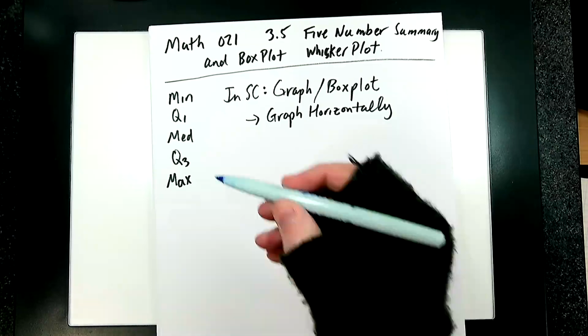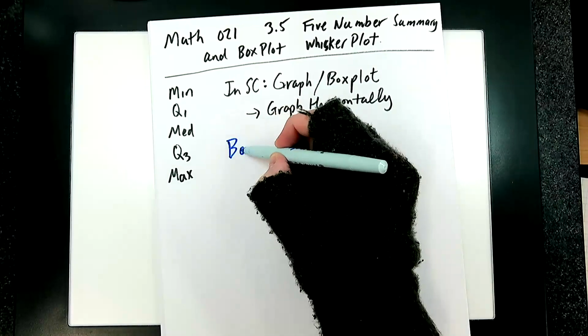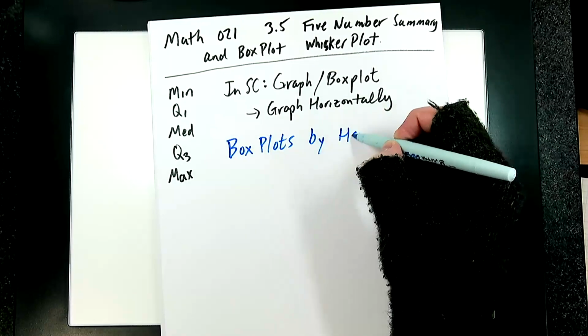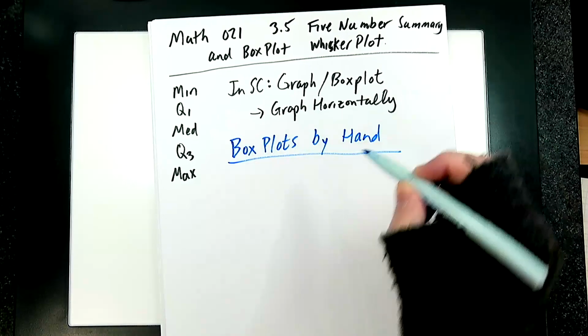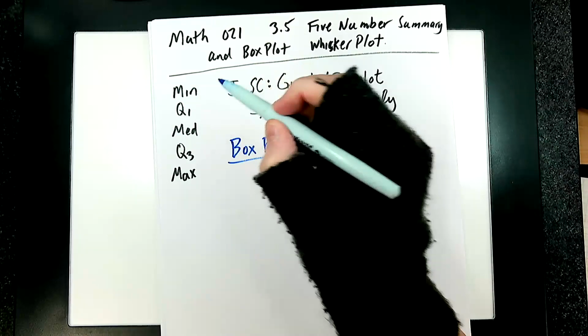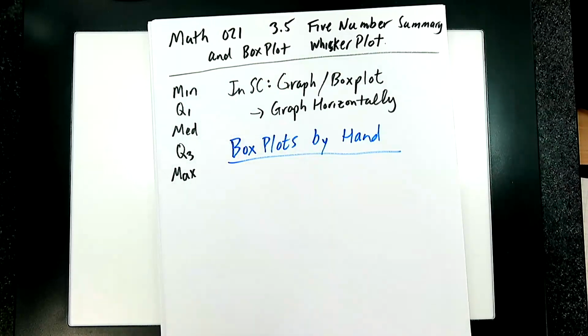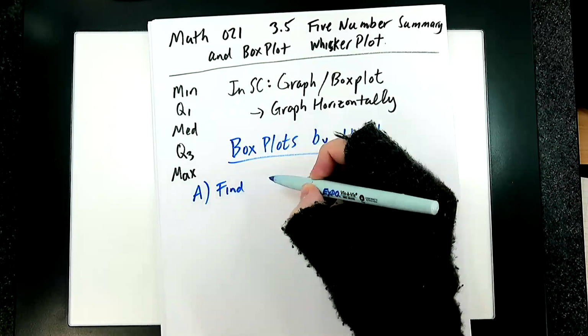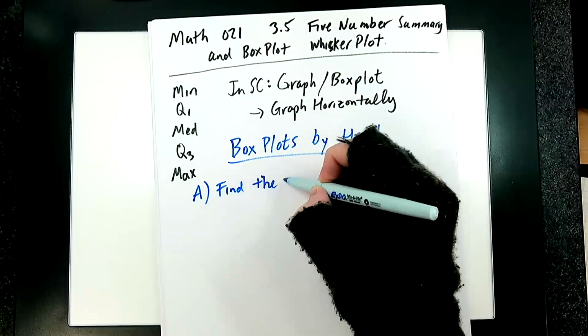So, do box plots by hand. If you do it by hand at least once, you'll get a better feeling for what this picture means. And so we have those 5 numbers. These are 5 valid numbers, and we're going to use them. So we need those. A is find the 5-number summary.